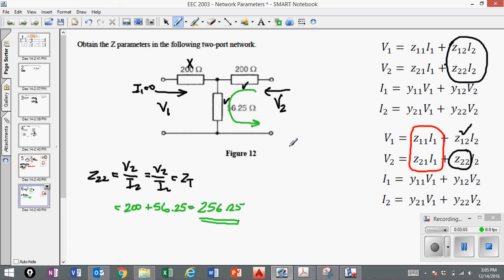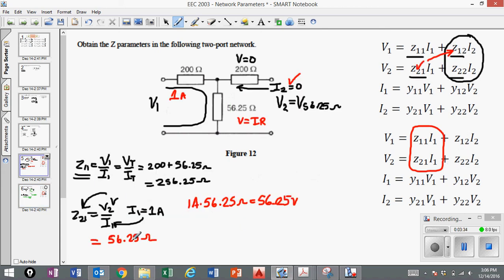Okay. All right. So putting everything together, the final values for your network parameters, well, let's do it in the proper way. The final solution for your network parameters would be that V1 is equal to 256.25 times I1 plus, what do we get value for here?